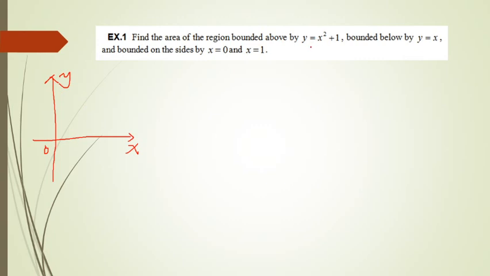So the first one, x squared plus 1. And here they said bounded above by x squared plus 1, so actually that is function f. I can mark here 1, and how can we get x squared plus 1? Just shift the parabola x squared 1 unit upward, right?